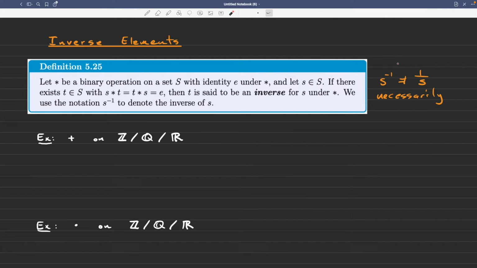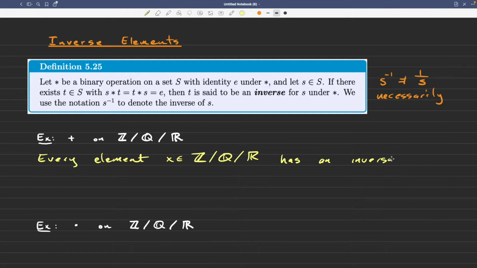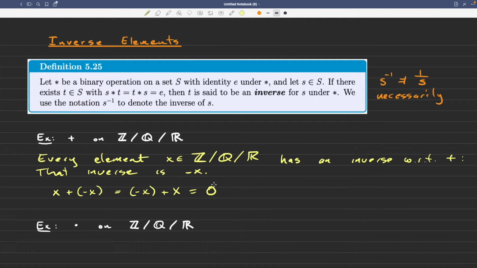So let's talk about addition. When you're doing addition on the integers, the rational numbers, or the reals, every element has an inverse. Every element x in Z, Q, or R has an inverse with respect to addition. That inverse is -x. So x plus -x, which is the same as -x plus x, is 0, and remember, 0 is your additive identity.